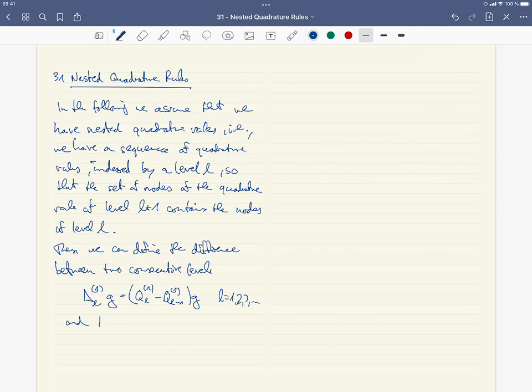And we define that Q 0, 1 of G is just 0. So we can start this definition with the differences. And then why is this advantageous, or what are we going to do with this?